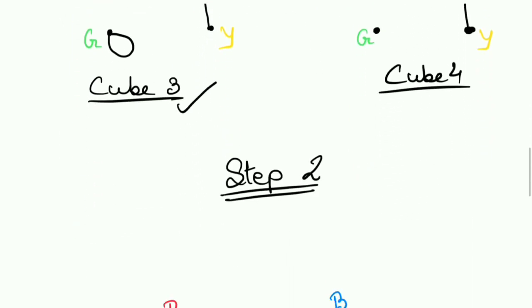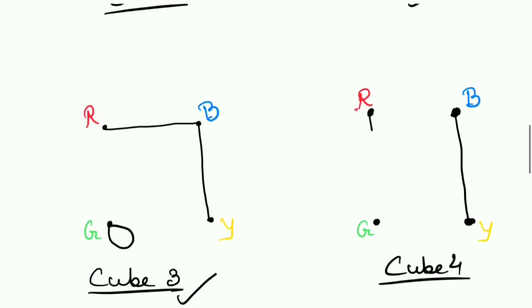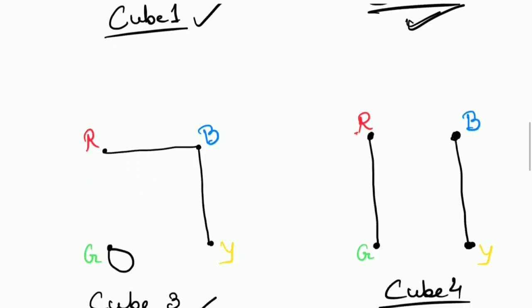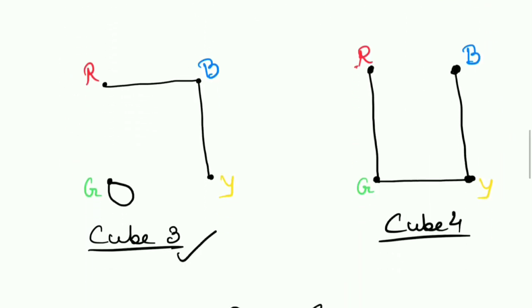So G and R, green and red, left and right vertex. Then front and back. Front is yellow and at the back we have green. So yellow and green is joined, which completes the graph of cube 4.